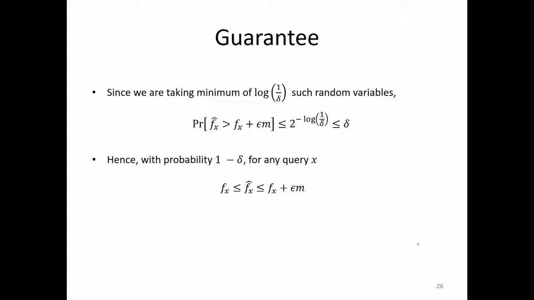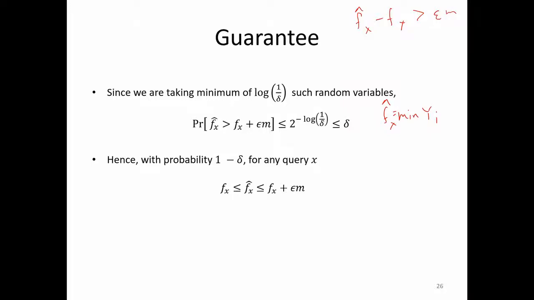We are returning the minimum of yi, which is your f of x hat. And now we are looking at the probability that f of x hat minus f of x exceeds epsilon m. This is the event that we are looking at.